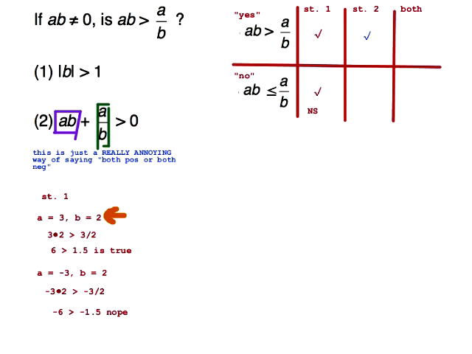So for statement 2, we can also use something like A is 3 and B is 1/2. So 3 times a half is greater than 3 divided by 1/2. So 1.5 is greater than 6 is false. So we can check that box. So not sufficient.